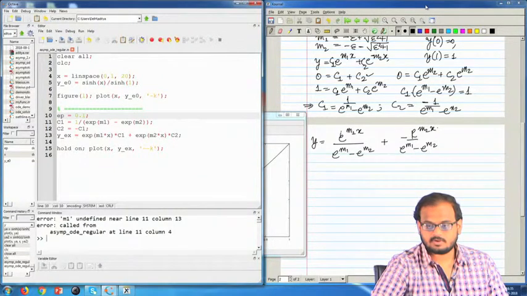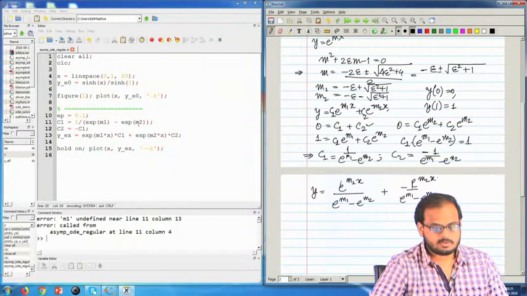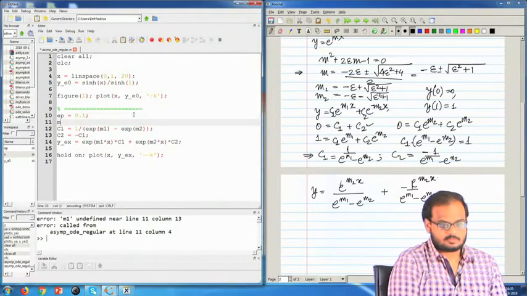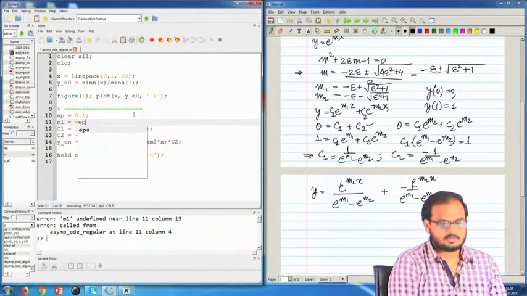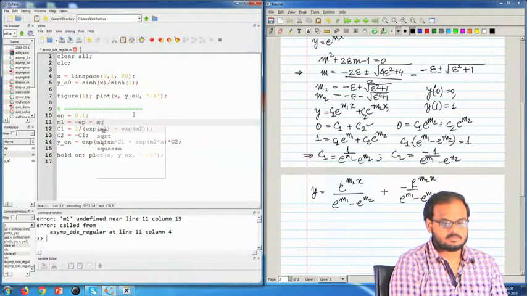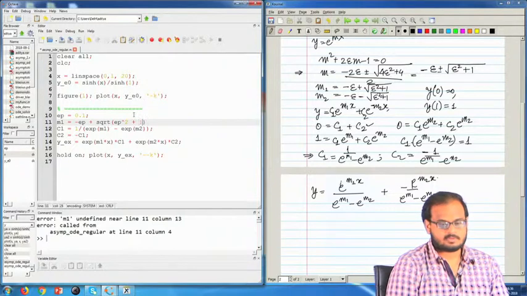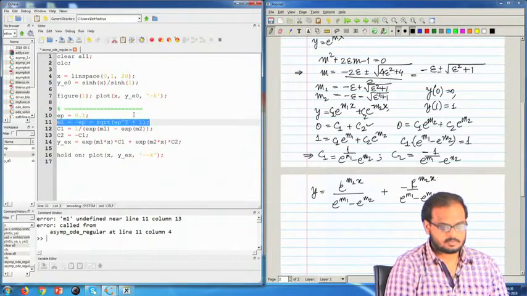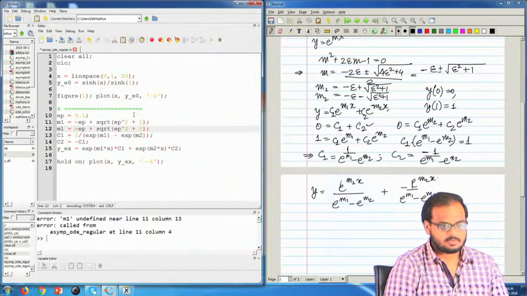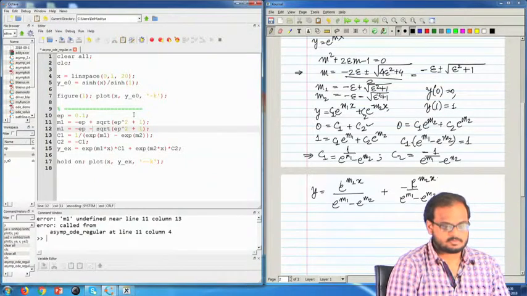As defined over here, m1 is defined in terms of epsilon. So m1 is equal to minus epsilon plus square root of epsilon square plus 1, and m2 is simply this.